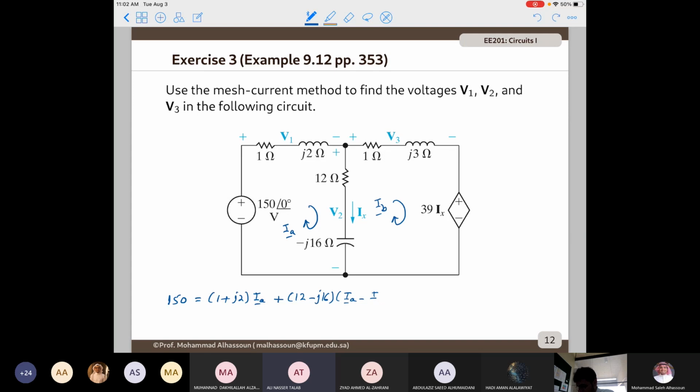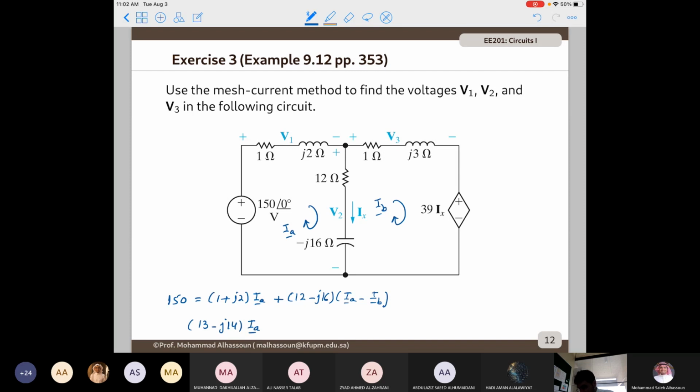Yes. Okay, very good. If I simplify it, I will end up with 13 minus j14 IA.